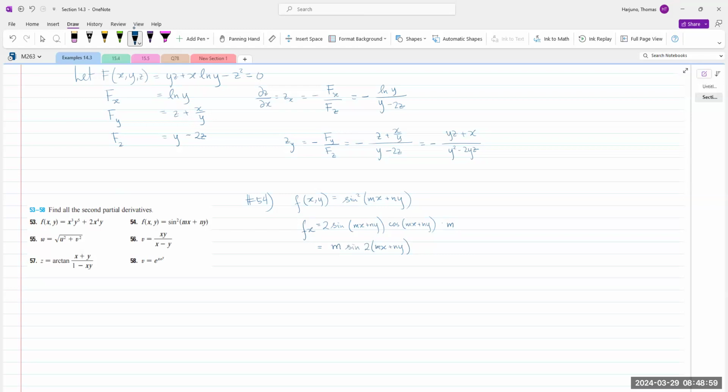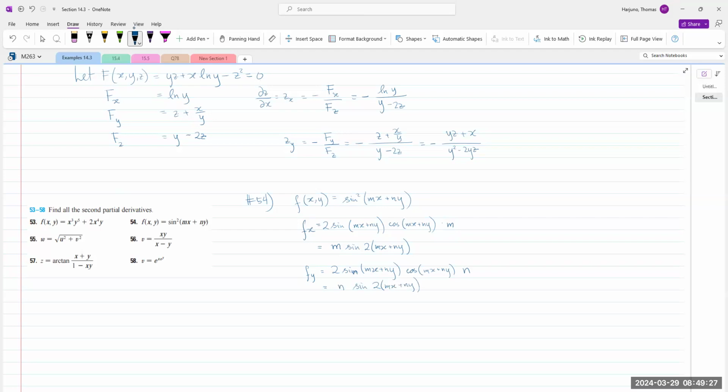Okay, now the partial with respect to y is very similar: sine of mx plus ny times cosine of mx plus ny times n, which will give us n times sine of 2mx plus ny.